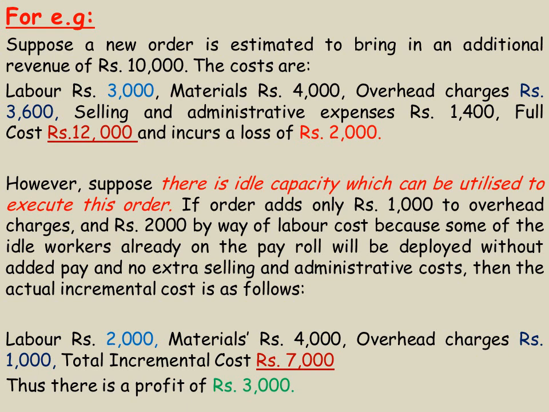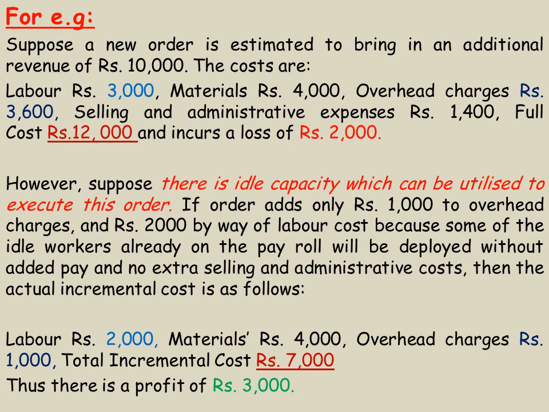Suppose a company gets a new order, which is estimated to bring in additional revenue of 10,000. Now, how can they allocate the resources? For labor, they have to spend 3,000. Material, inevitably they have to buy, it is 4,000.